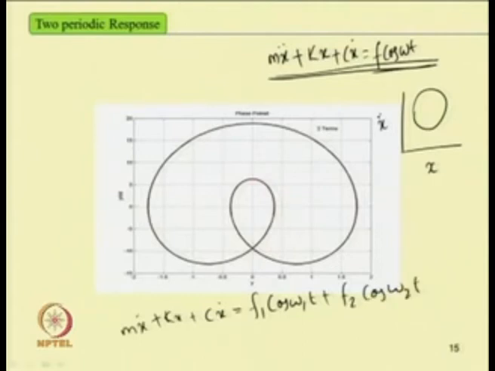Now, by applying the superposition principle, we know that we can have two periodic responses. So, we will have a response with two periods, one corresponding to omega 1 and the second corresponding to omega 2.